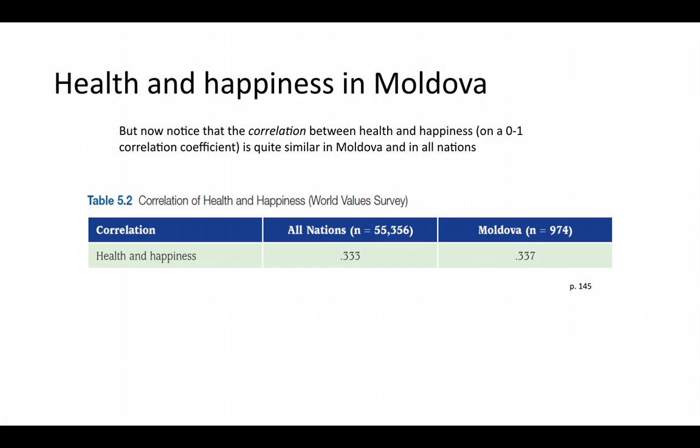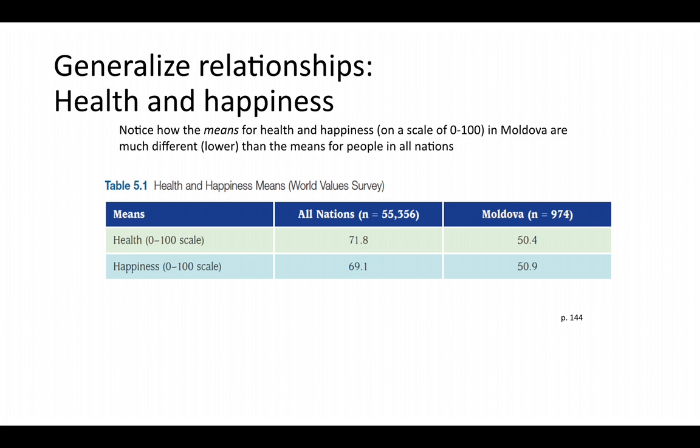If you look at this, you would probably conclude that the Moldova people are much different from the all nations average, because the means of both health and happiness on the 0 to 100 scale in Moldova are much lower than the all nations average. It's only like 50 something.